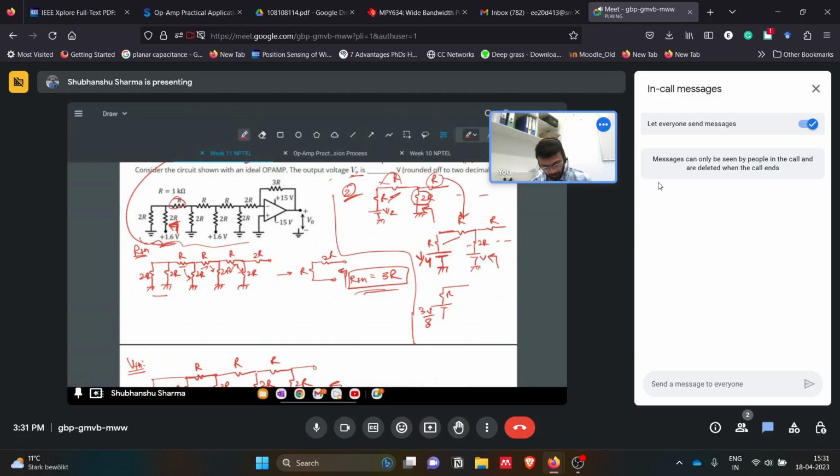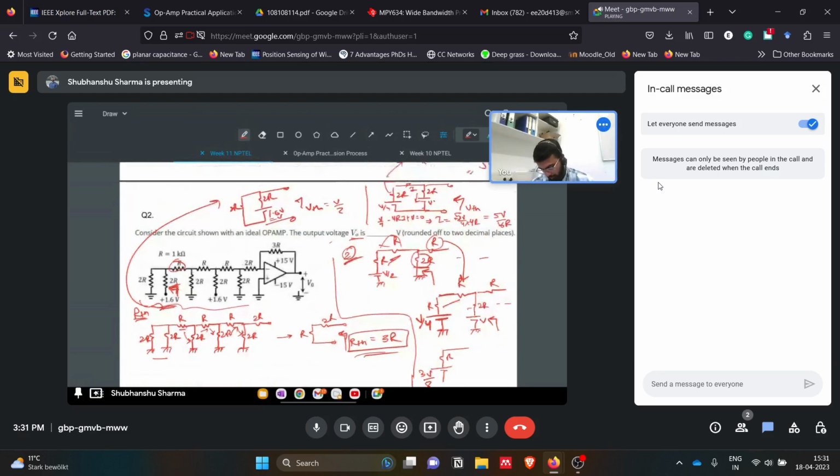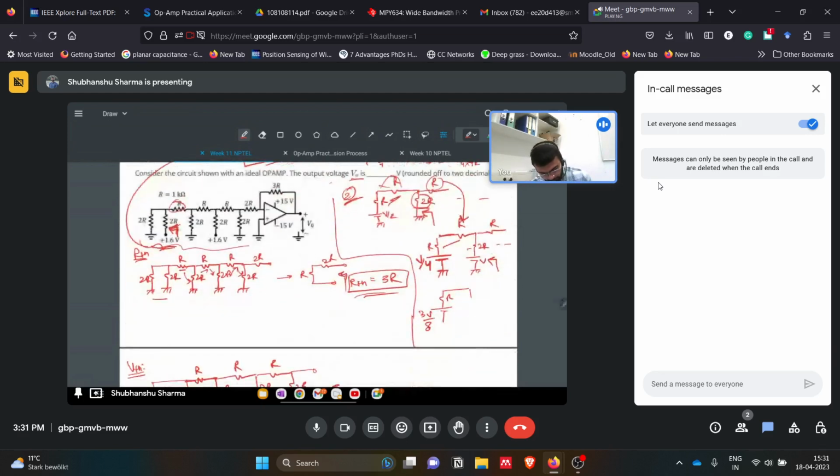Then we'll have all this till this V1, and then we'll have this 2R here, 2R here. This is grounded, this is grounded. Here, this is going to the op amp. So here we can get it as 2 by 3.